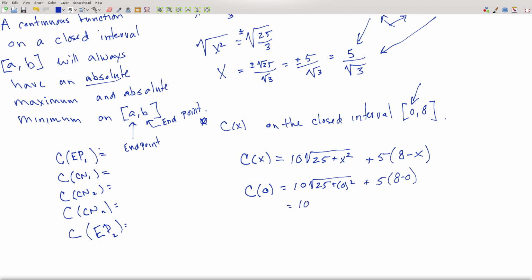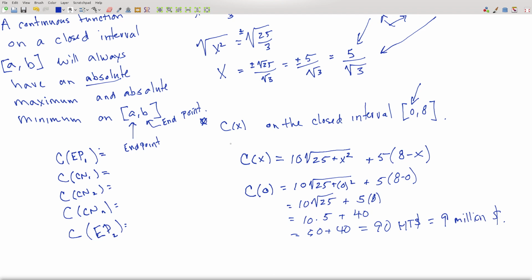And then that simplifies to 10 times the square root of 25 plus 5 times 8, which is 10 times 5 plus 40, which is 50 plus 40, which is 90. Keep in mind the units. This is in units of $100,000. So this is $90,000. $90,000 is the same thing as $9 million. So that's C of 0. In other words, when x is 0, the cost would be $9 million.